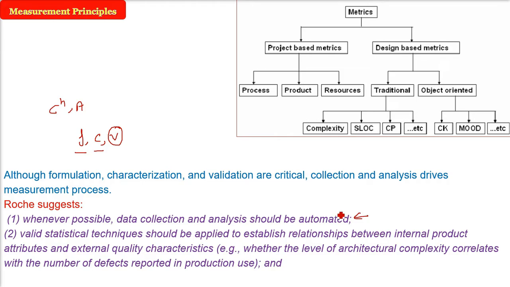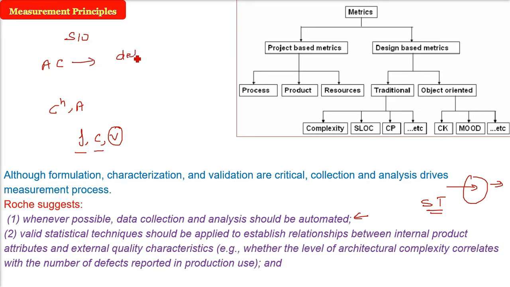The next thing is that valid statistical techniques should be applied, because a product can have internal attributes and external attributes, such as quality attributes. In order to establish a relationship between the internal and external quality attributes, we have to use valid statistical techniques. For example, if we have a software, the architecture is the overall structure of the software, and it has an architecture complexity.